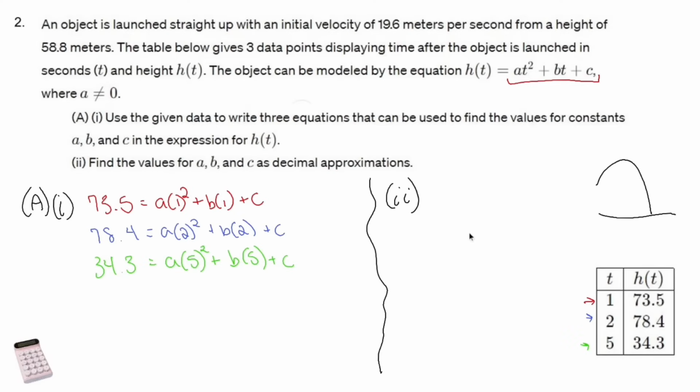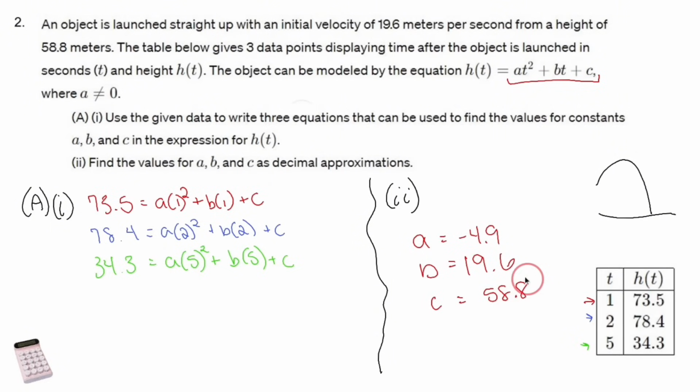Okay, so using quad reg, we were given A equals negative 4.9, B equals 19.6, and C equals 58.8.